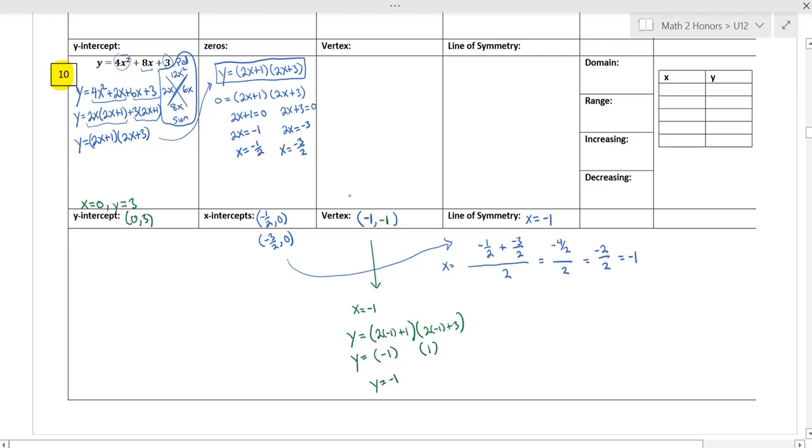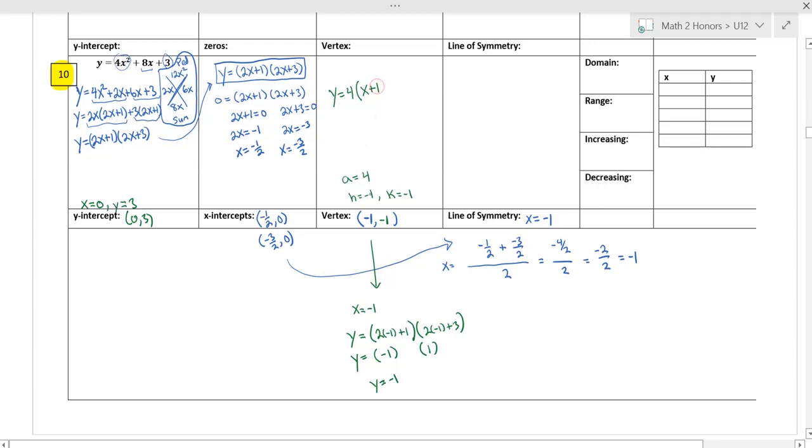So vertex is negative 1, negative 1. So I know h is negative 1, k is negative 1, and then a is the other piece I need for vertex form. a is the number in front of x squared in standard form, which is 4. So when I write this out, I write y equals 4 times x plus 1.